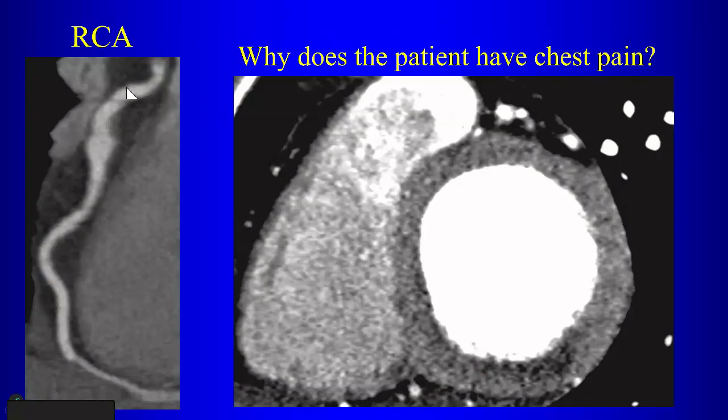So here's the right coronary artery here. We can see the aneurysm. Now, on the short axis view, can you determine why the patient has chest pain? There's a subendocardial infarct. Yeah, so there's a subendocardial either perfusion defect or an infarct. You want to know, what happens to that, right?